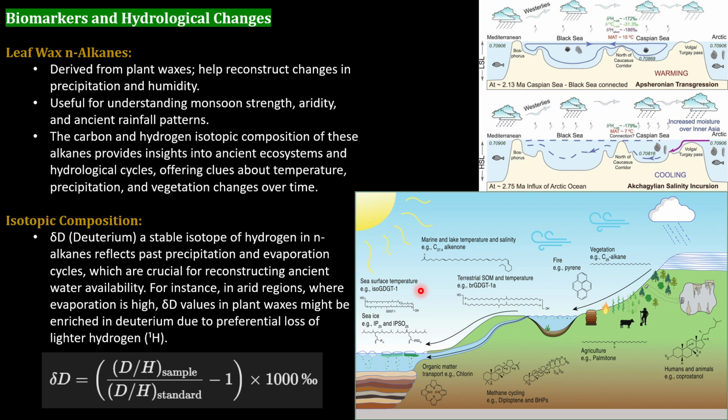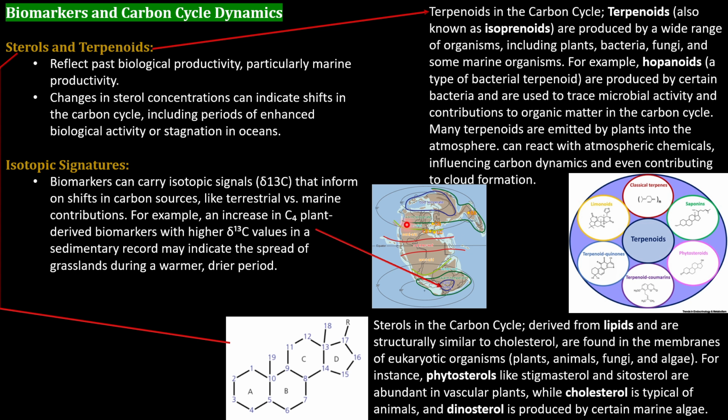So by all this biomarker analysis, we can reconstruct the past climate and past environment. This is the biomarker for the carbon cycle, by studying sterol, terpenoid, and isotopic signature.